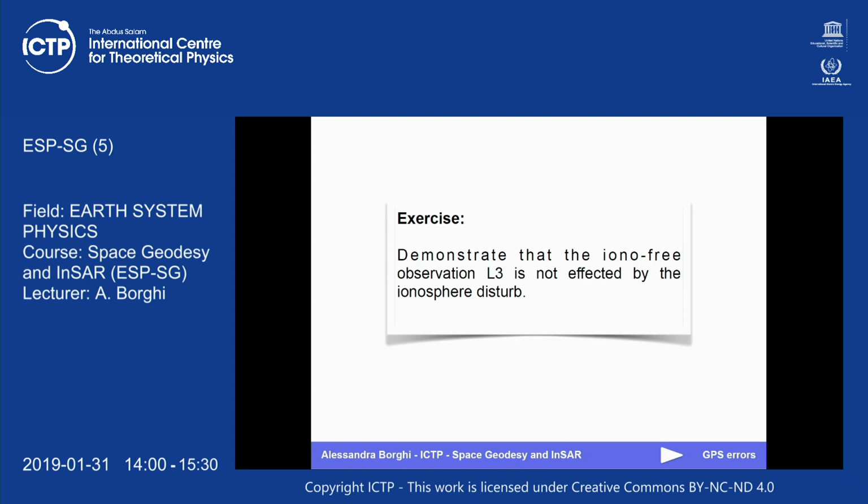Of course, we have seen the equation, the first one with C over frequency squared and so on. It's just a simple exercise to see how we obtain the ionosphere-free combination. Okay.